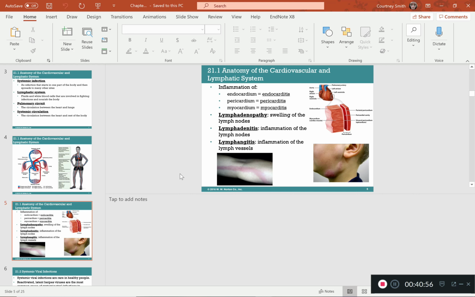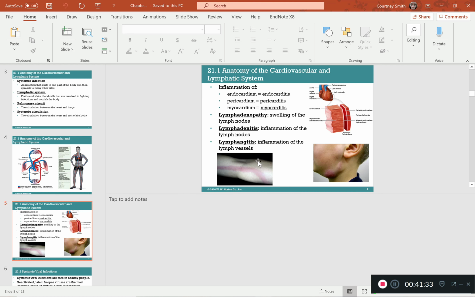So, like I said, the likelihood is I'm going to ask you about clinical presentations in terms of the lymph nodes being infected, because it's a little bit easier to show images and describe that as compared to inflammation of heart muscles. But with the second one, the inflammation of the lymph nodes, that has to do with this panel, because you can see that redness along the lymph nodes.